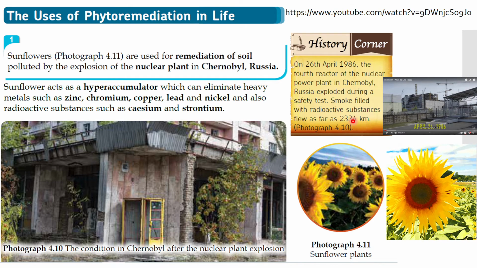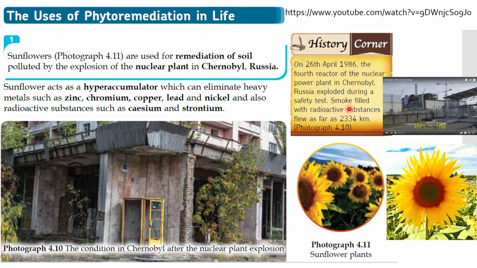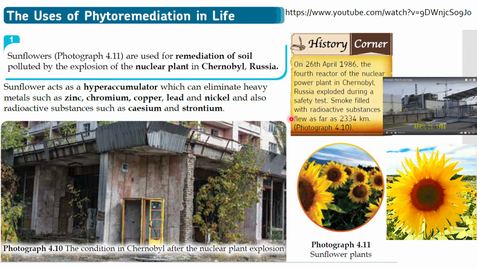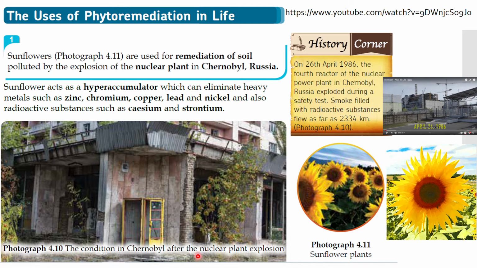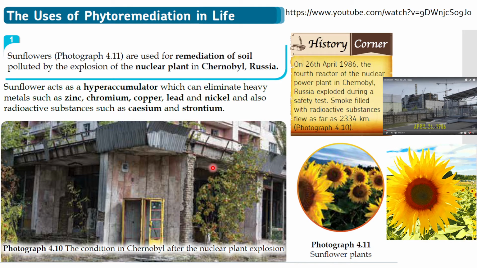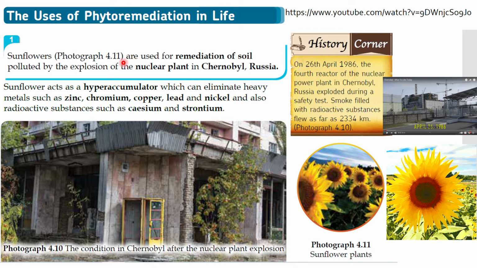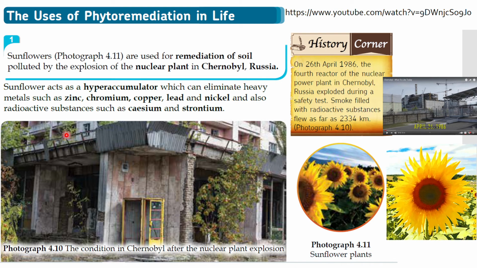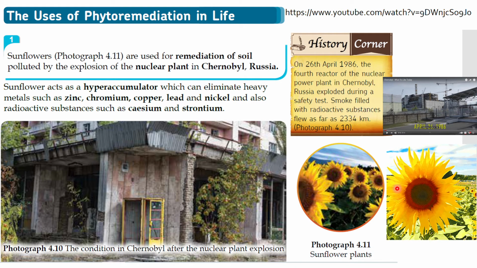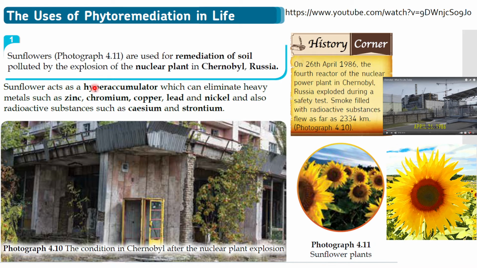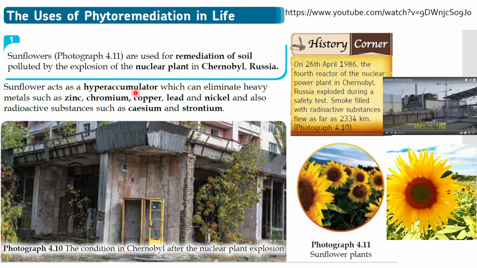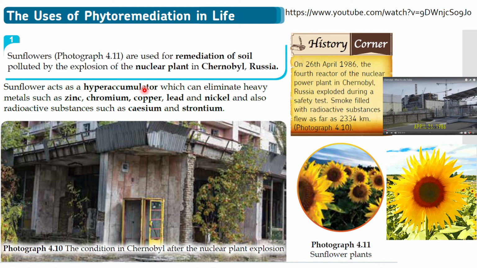Imagine all those contaminants and pollutants escaping freely to the atmosphere, to the soils, to the environment. So here, what is being used is the sunflower. Okay, you can recognize this. This is a sunflower. It acts as a hyperaccumulator.